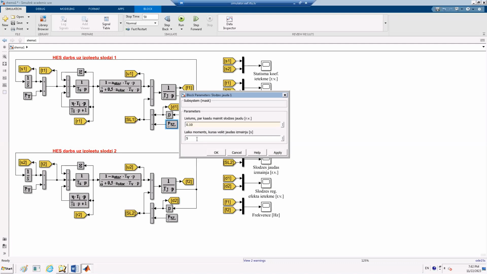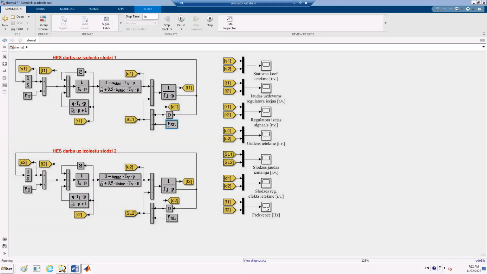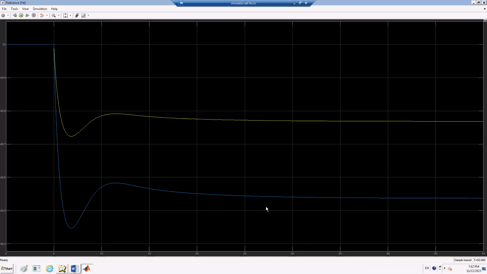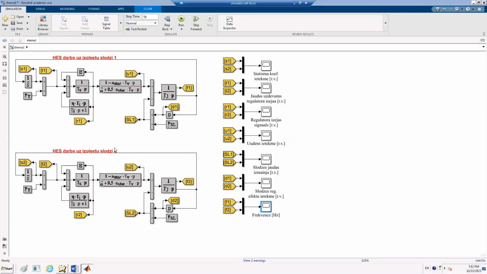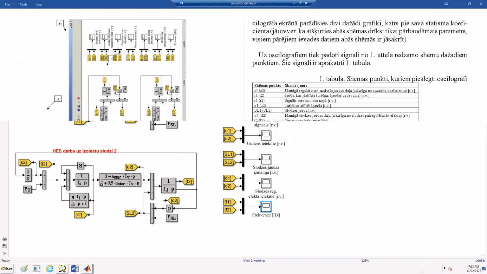And here when it appears at the time of 5 seconds. Okay, let's see the difference. Here we could see the same reserve power, but we have the difference in deficit. And here is the situation. Okay, so these are two schemes.